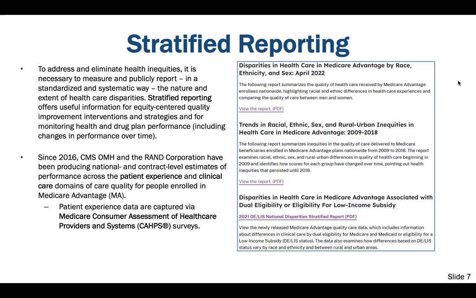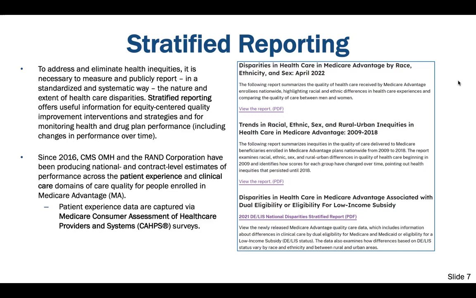But one of the concerns that arose is it might be the case that the quality differs substantially depending on personal characteristics. And so the idea of being able to report, for example, just on the Hispanic members of a plan, or just the Black enrollees of a plan, or the Black patients in a hospital, became important to CMS.